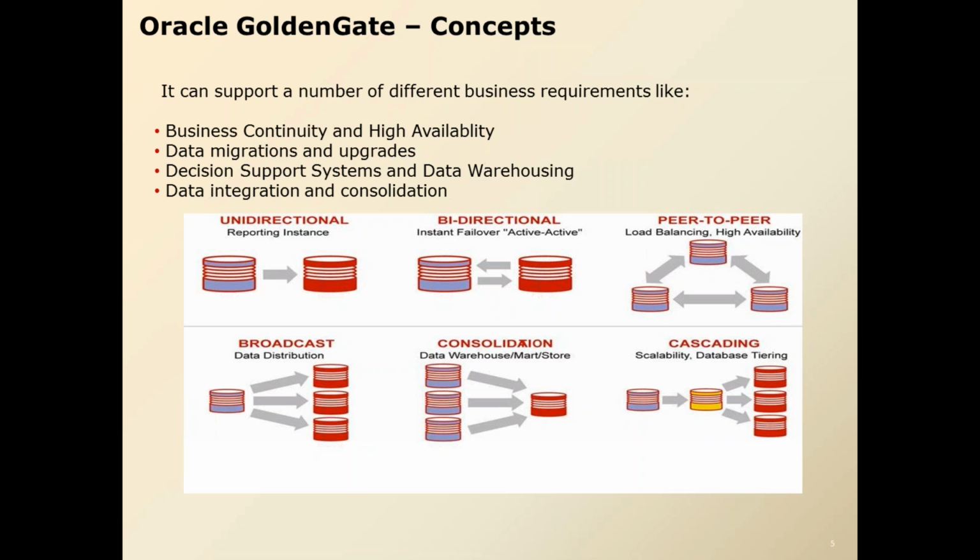Then you could use Goldengate for broadcasting. In broadcasting, you can replicate the data, with one source and multiple targets. You can distribute the data, so you have one source and three targets.